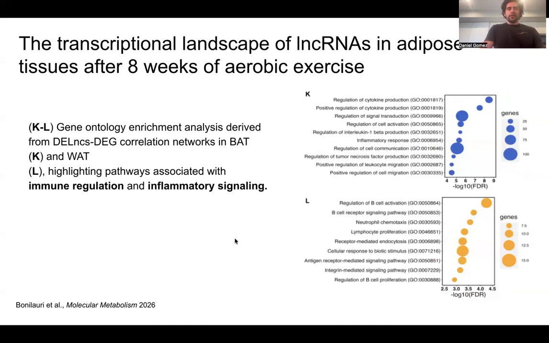And then we have gene ontology enrichment analysis derived from del-nix and DEG correlation networks in brown adipose, shown here in K, and the white adipose. And then highlighting the pathways with immune regulation, we see immune regulation and inflammatory signaling. So in blue, we can see about 100 genes regulating signal transduction and cell communication.